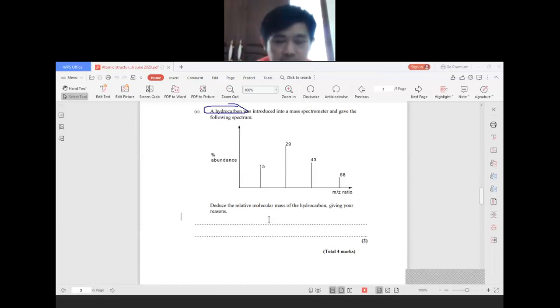We are not able to find the relative atomic mass like for an element.